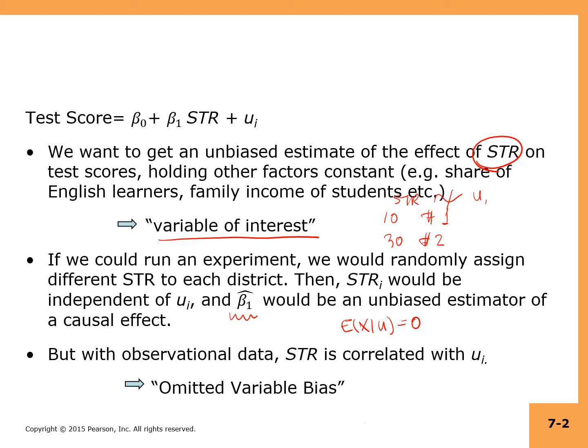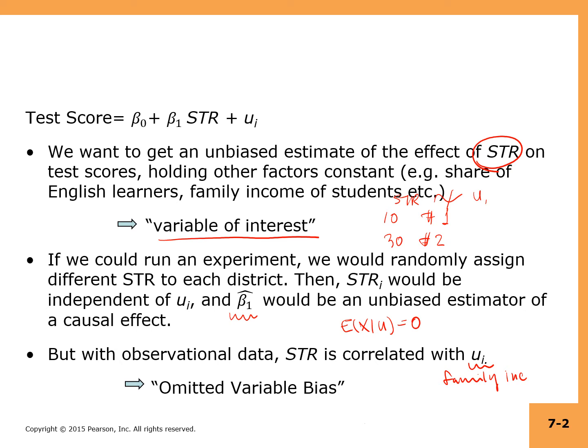However, this is not possible in real life. In real life, you cannot just randomly assign student-to-teacher ratio to districts, so we have to use observational data. And in this case, student-to-teacher ratio is most likely to be correlated with u_i. One of the u_i examples that we have used before is family income in the school district.